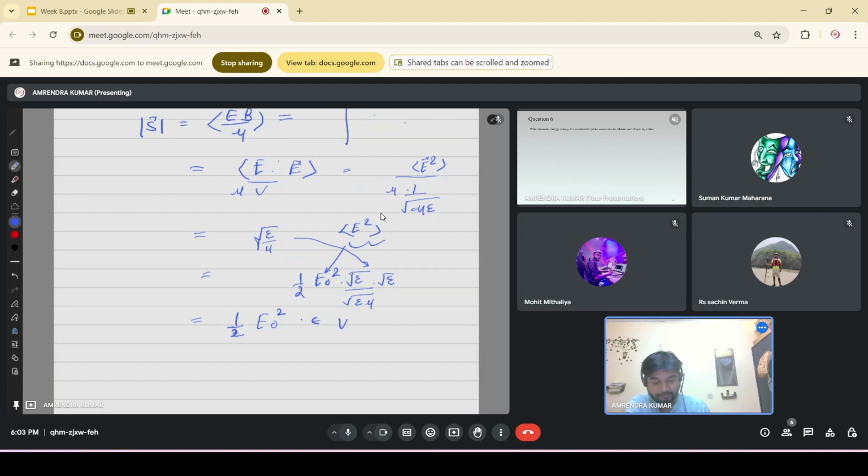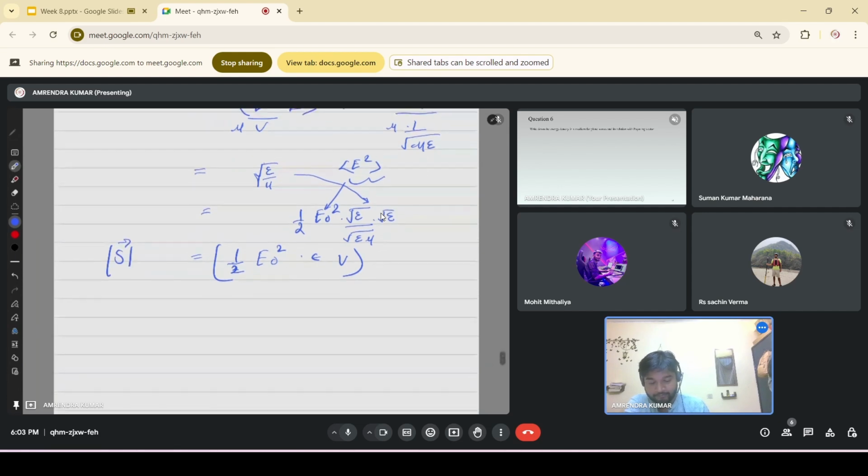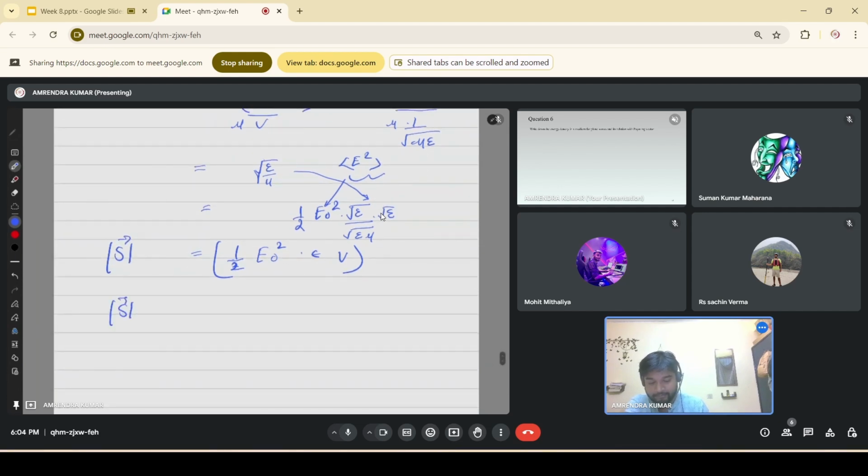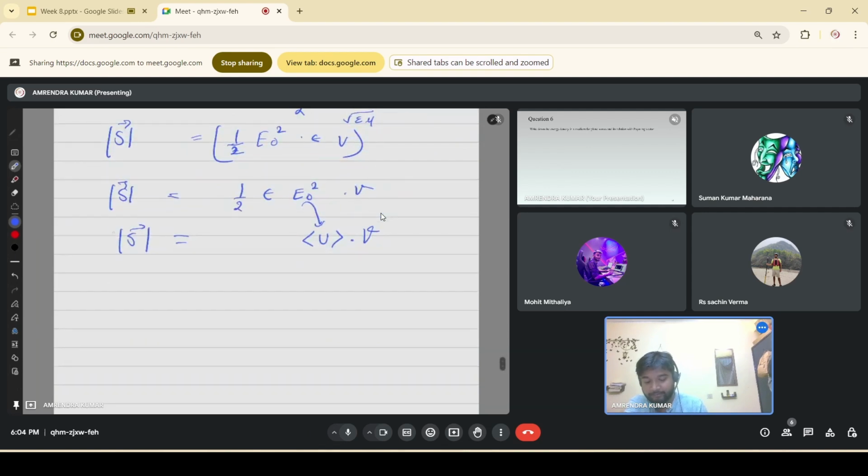So this is how you can change it. So we have this S vector like this. The amplitude of S is nothing but half epsilon naught E naught square times the velocity. So you can write it like the energy density into the velocity in the medium. So this is the amplitude, and this is the magnitude of this Poynting vector, and this is given by this.